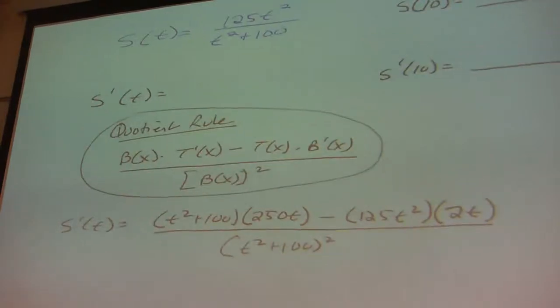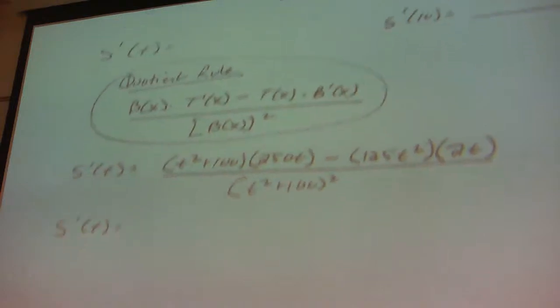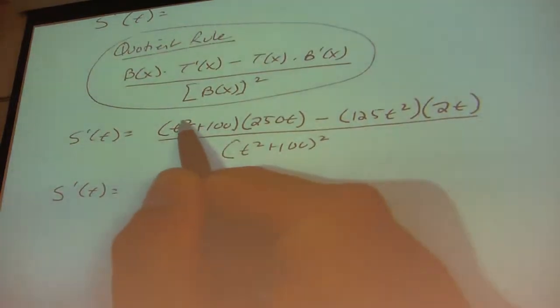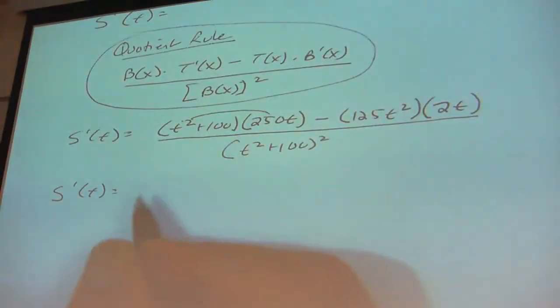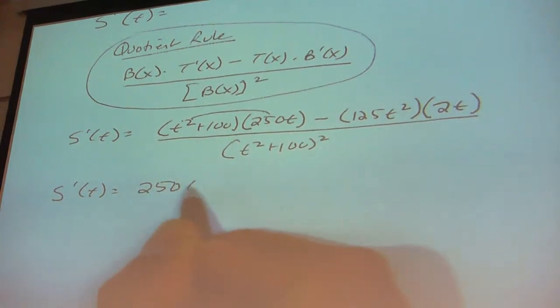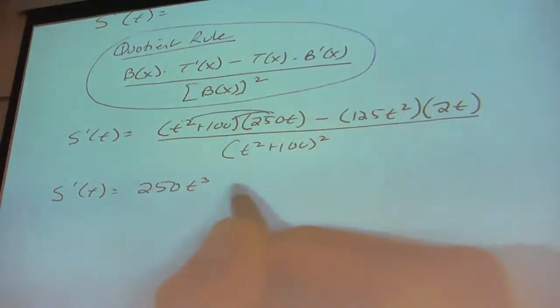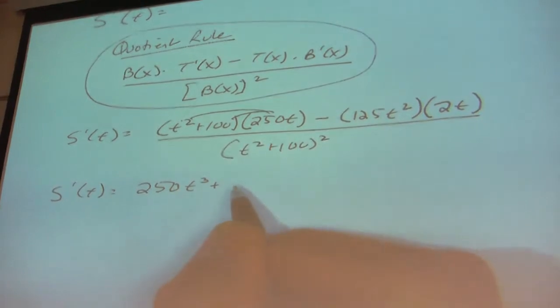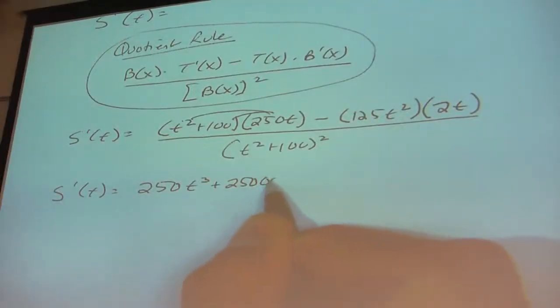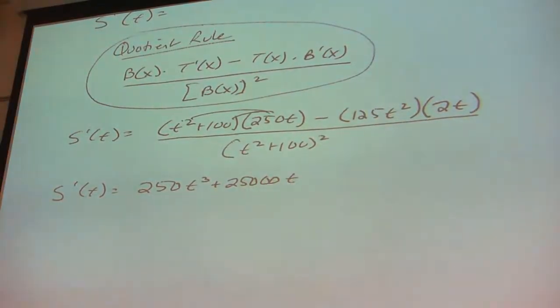Now, let's clean up, which is the algebra part that we shouldn't be too worried about. We're going to get 250 t to the third plus, what does that give you? 25,000 t.